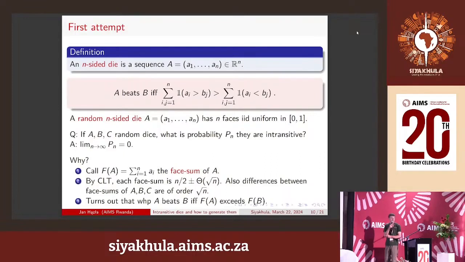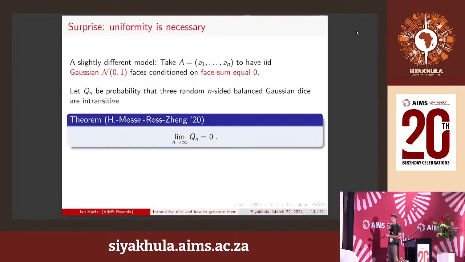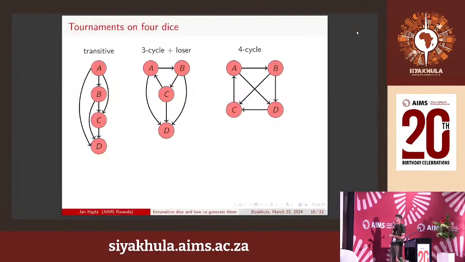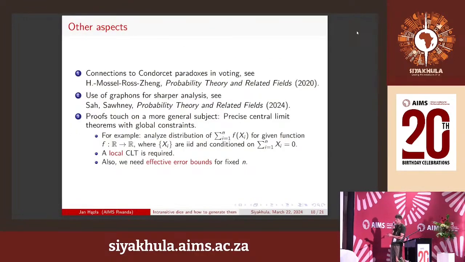And remember, if I condition on the sum being equal to 0, then this random variable behaves completely differently than when I don't condition. So it requires a lot of care in establishing these bounds to carry these theorems through.